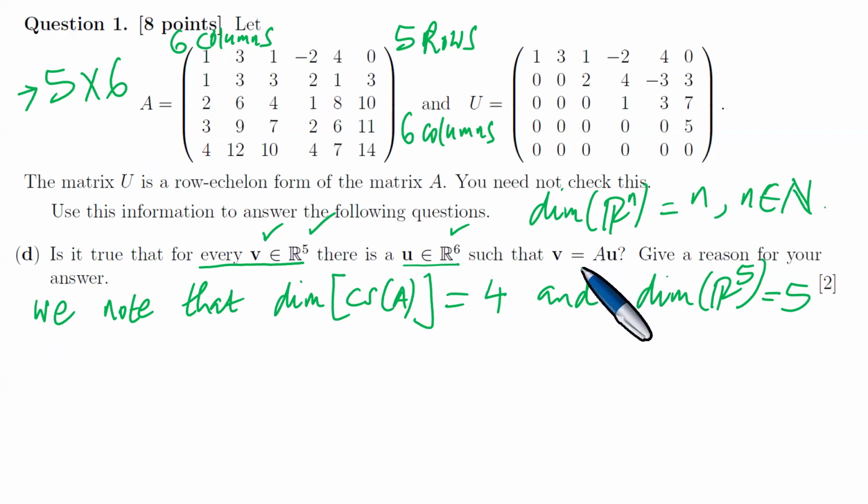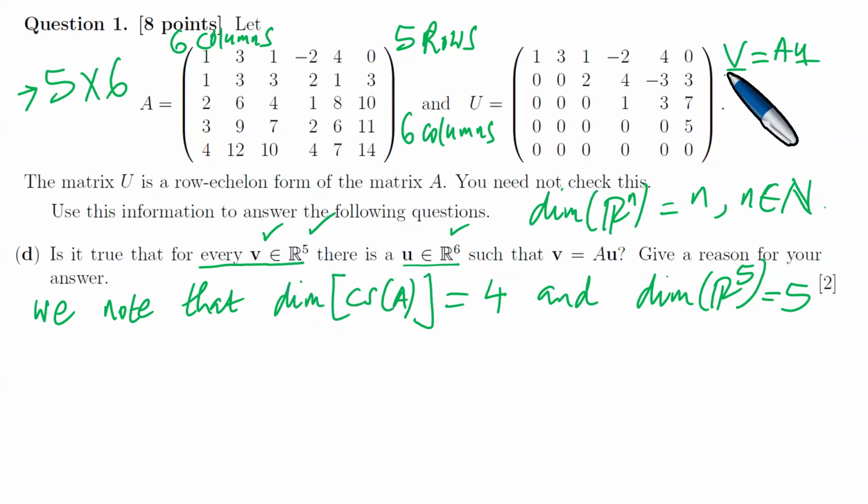Let us look at what is happening here. If you say V equals AU, where is this V living? Where does this V stay? V stays in R5.